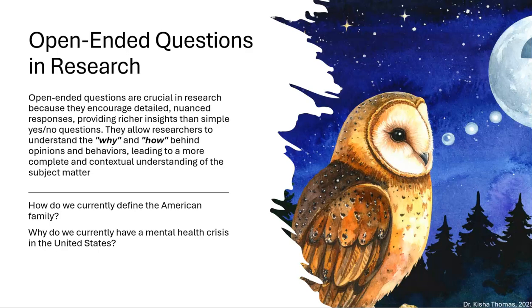And an example of an open-ended question here is, how do we currently define the American family? And if you're looking at this from a qualitative research standpoint, it is based on evidence of what people say or how they represent an idea.